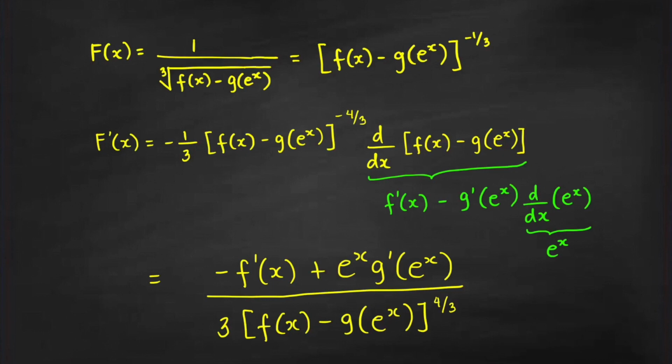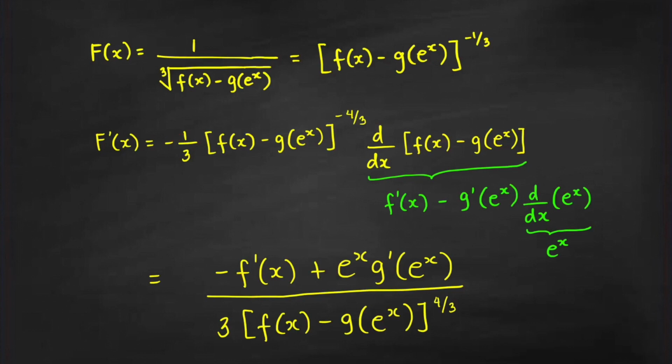First take the derivative of g evaluated at e to the x times the derivative of the inner function with respect to x. The derivative of e to the x with respect to x is e to the x. So therefore, our final answer is this expression times negative 1.